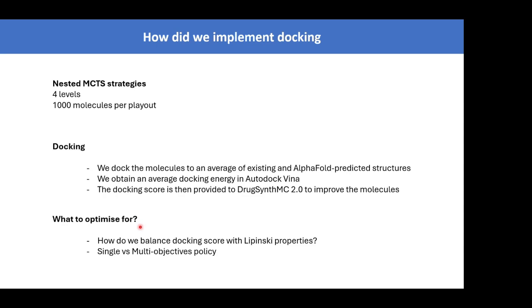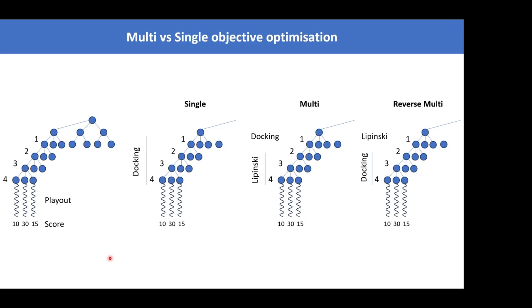So which one do you consider first? Drug likeness or binding affinity? And therefore, this introduced a question: do we need a single objective, so the single objective is the best binder possible, or a multi-objective where we mix the importance of binding versus drug likeness? So first of all, what do I mean by 4 level nested Monte Carlo Tree Search?